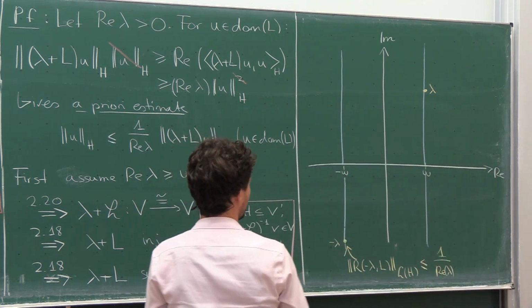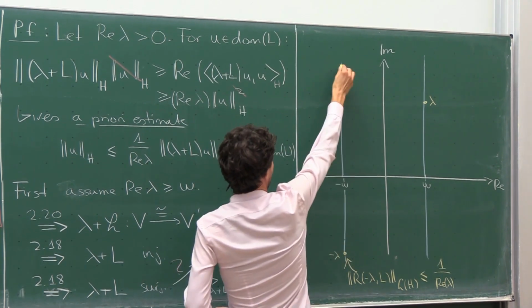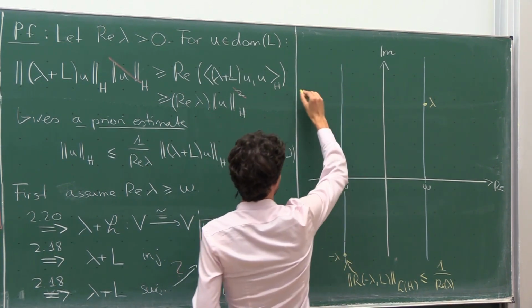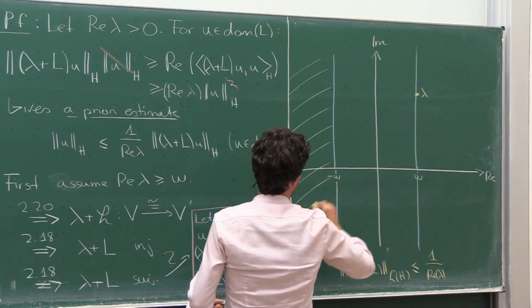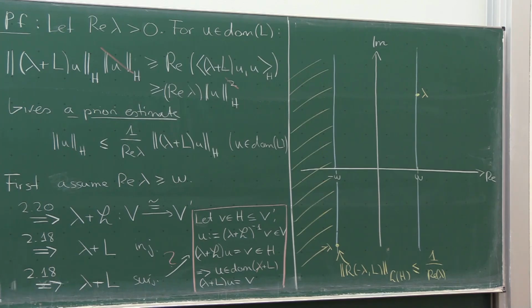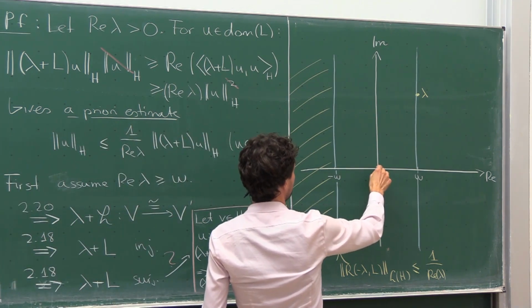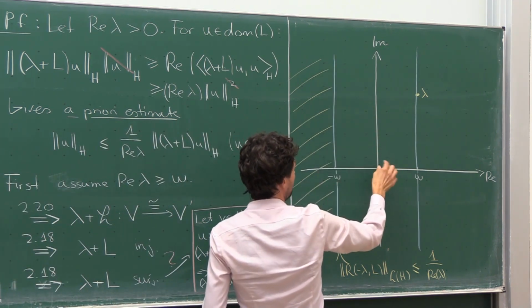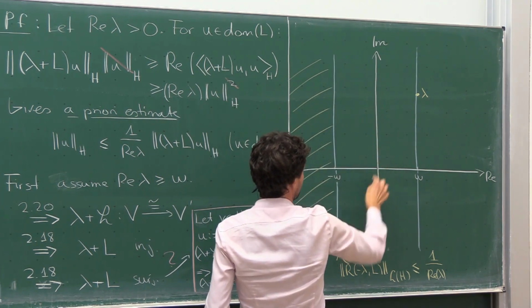Okay, and now I can move the lambda around on this blue line, and I can also move it to the left. So this sort of resolvent estimate is true all the way down there. If I want to prove sectoriality, then sectoriality of angle pi over 2 means I have to consider sectors that are opening by an angle a little bit larger than pi over 2. So potentially these are sectors like this. Okay?